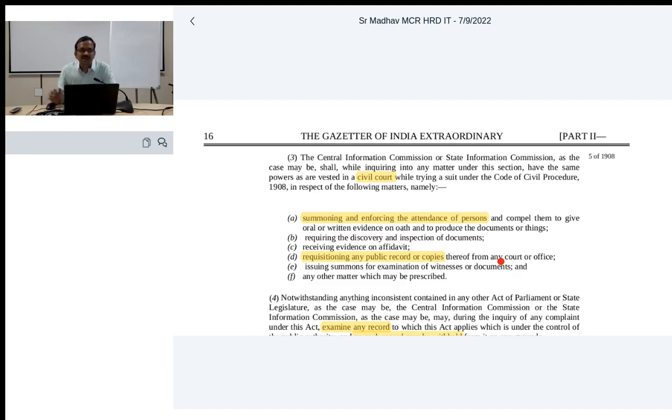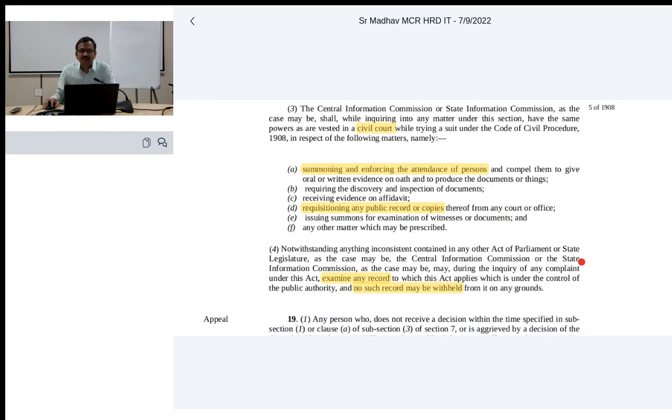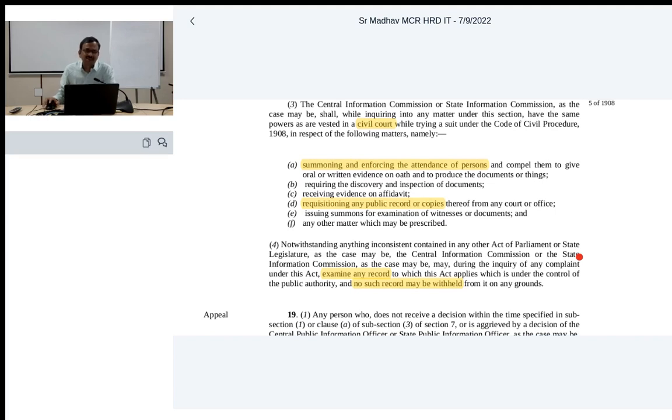And section 18.3 says the Information Commission enjoys the powers of a civil court while trying a suit under the CPC, like summoning and enforcing the attendance of any person, and the commission can requisition any public record or copies from the public authority. And 18.4 has great reach because the commission can examine any record under this Act.